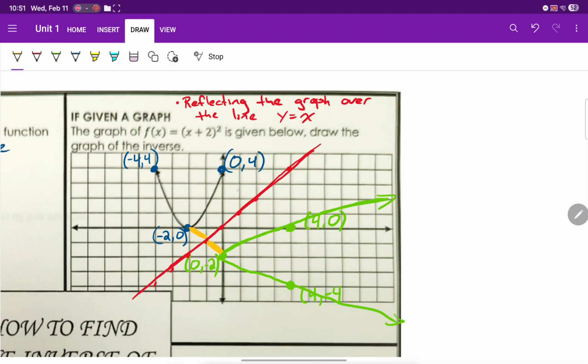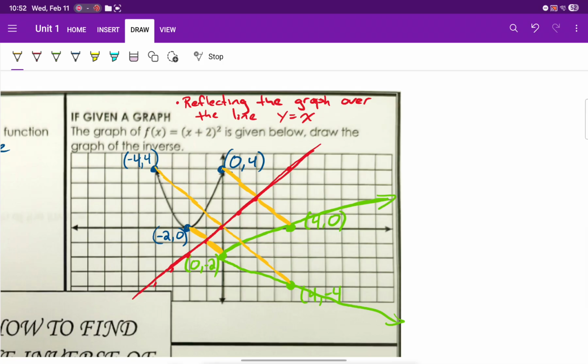If we look at our 0, 4 and 4, 0 points, they're 2 diagonals away from that line on both sides. And our 4, -4 point and its swapped partner are 4 diagonals away on both sides of our line there. So those points are direct reflections over the line y equals x.